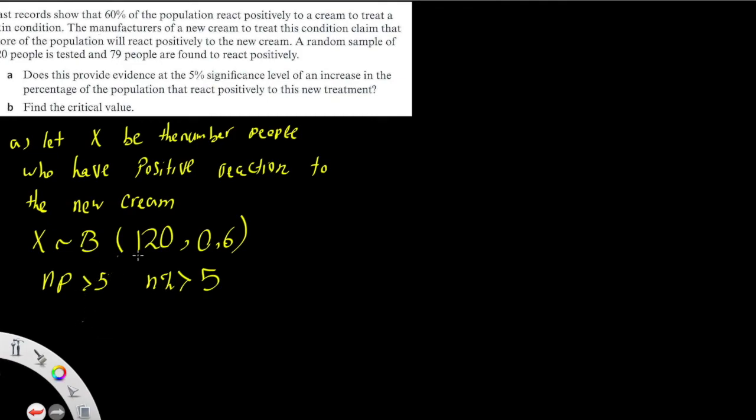Now, first I write for this condition for binomial, the null hypothesis will be p is equal to 0.6, and they are claiming that it is more, so p is more than 0.6.